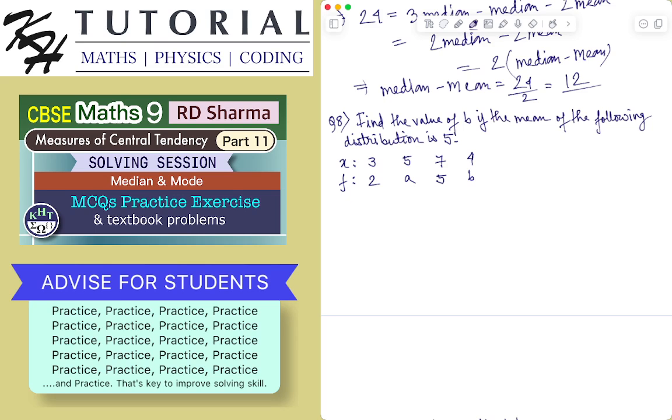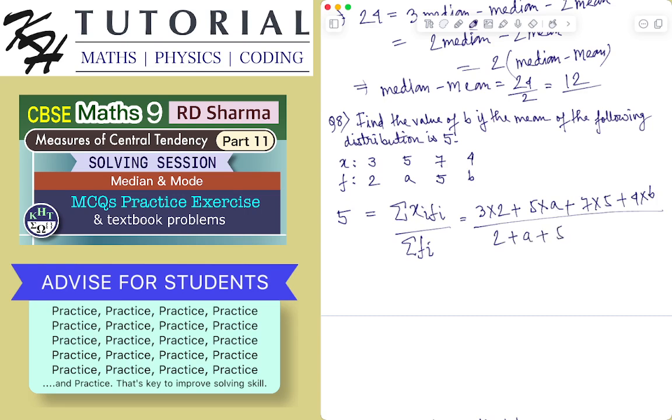Okay, so if mean is given to be 5, how do we find the mean of a discrete frequency distribution? It is summation of xi fi divided by summation of fi, which will be in this problem 6 multiplied by 2 plus 5 multiplied by a plus 7 multiplied by 5 plus 4 multiplied by b, divided by the sum of the frequencies, which is 2 plus a plus 5 plus b.